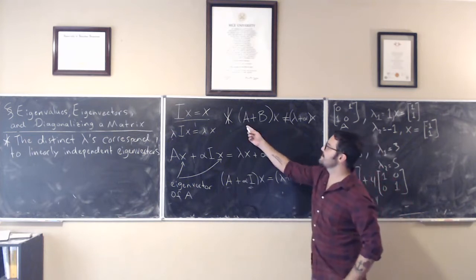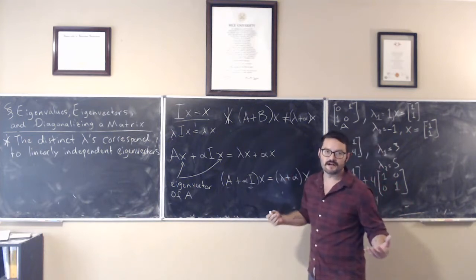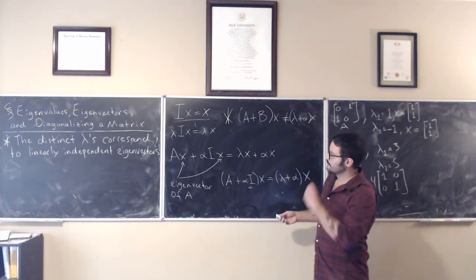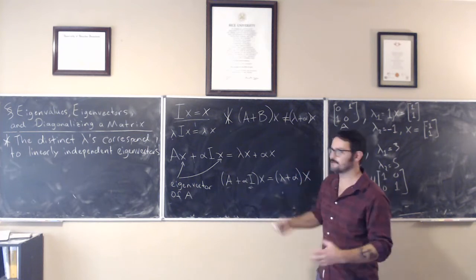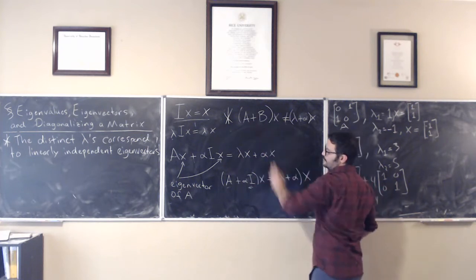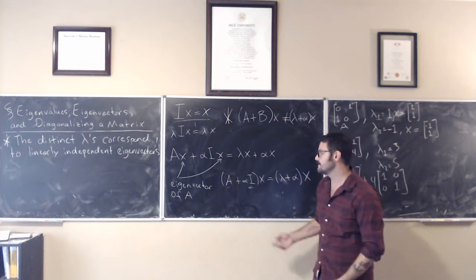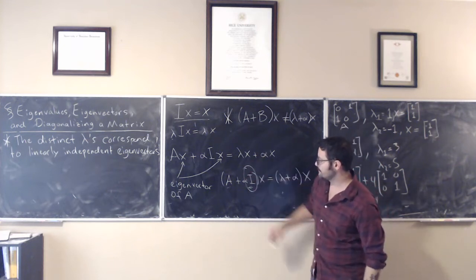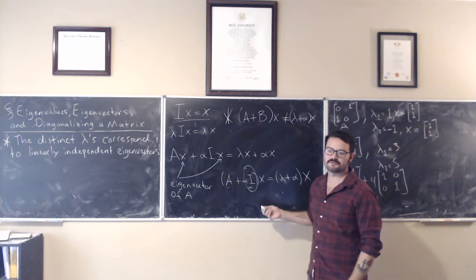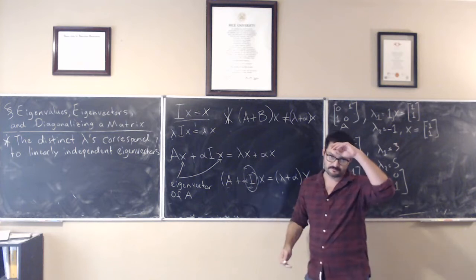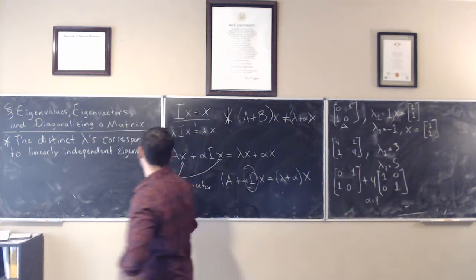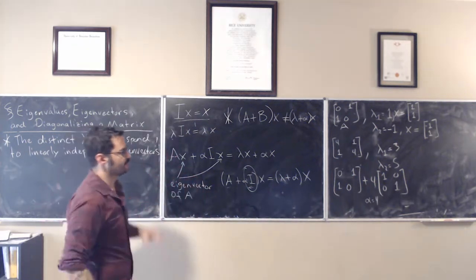Because A and B in general will have different eigenvectors. So you cannot use linearity for two general matrices. You can only do that when you have the identity, because the identity shares eigenvectors with every other matrix. Okay, so that's just an important thing to note.